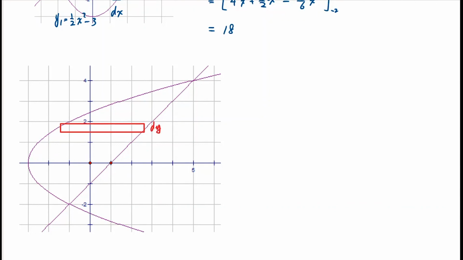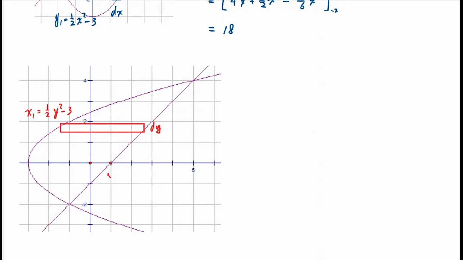You get it? Oh, we need two different functions. This one I'm going to call x1. This is 1/2 y squared minus 3. So we are still finding, in a way, inverse functions, but we are not rotating the picture around. We just use the same picture. X is a function of y.